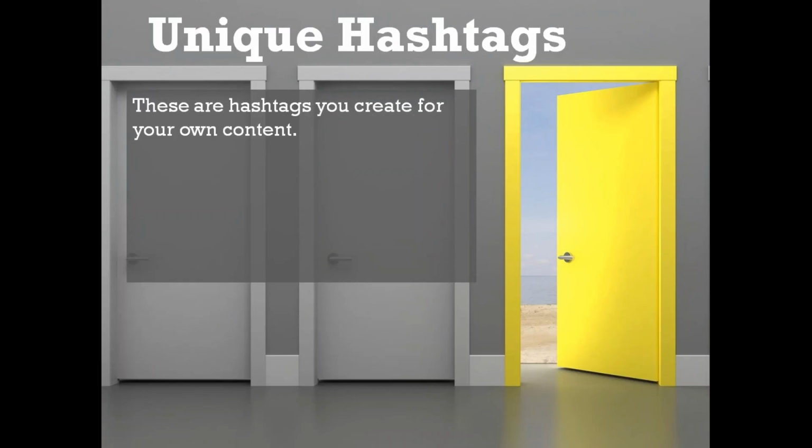Then we're going to talk about unique hashtags. This is the third grouping. And these are hashtags that you would create for your own content. These would be unique to you or your agency. And the reason for this is just for people to easily be able to see all of your content that is related to one specific topic, which is you.